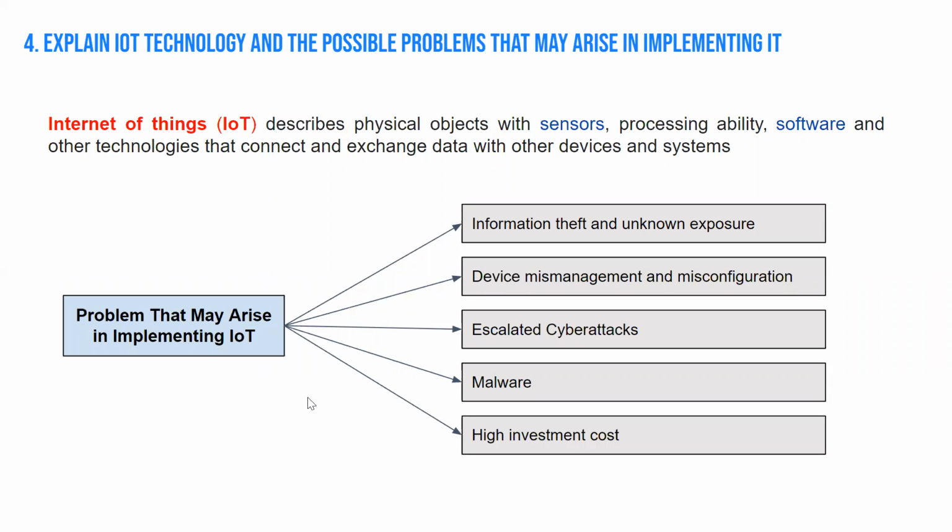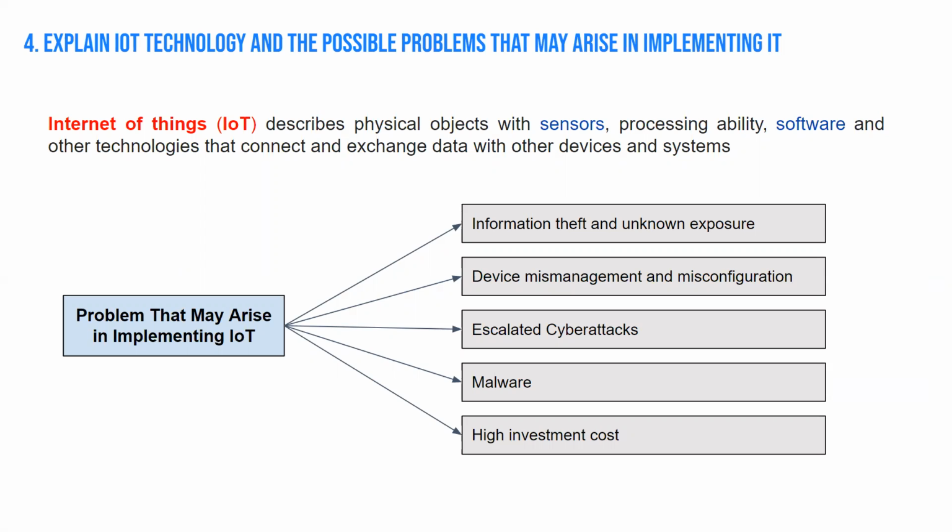About the fourth question, which asks to explain IoT technologies and the possible problems that may arise in implementing IoT. The IoT itself means physical objects with sensors, processing ability, software, and other technologies that connect and exchange data with other devices and systems.